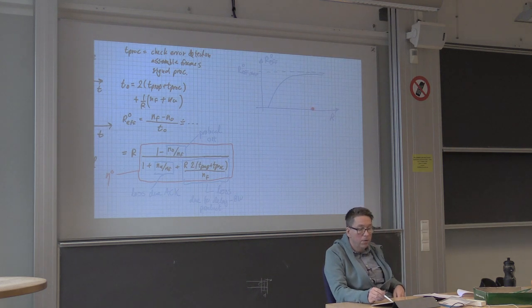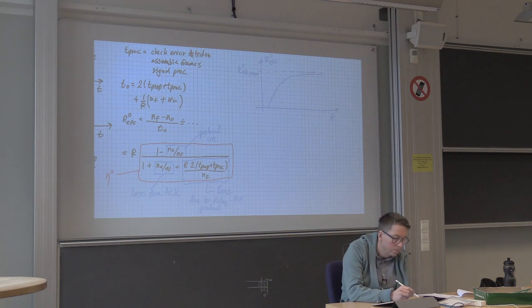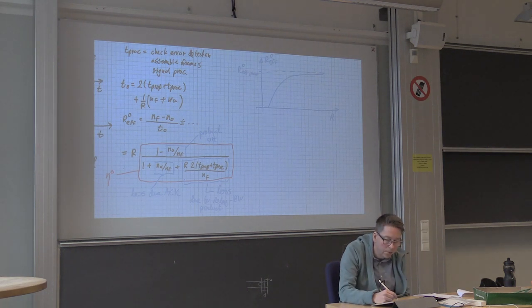Which means that even if we increase the data rate of the layer below us, we are unable to use that in any good way. Right? And if we would plot the efficiency as a function of rate, we get a similar curve, but the other way around.